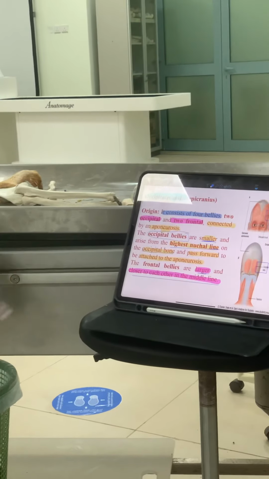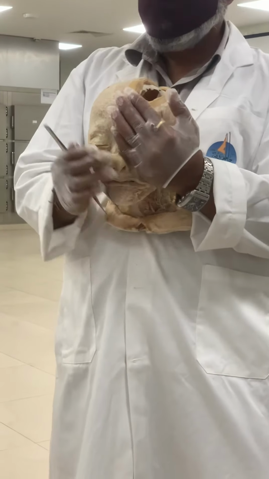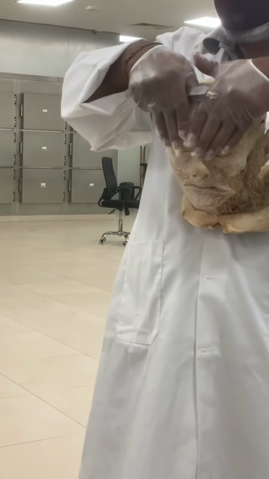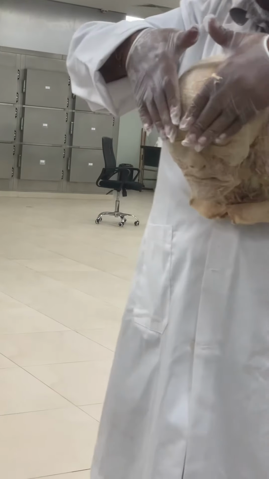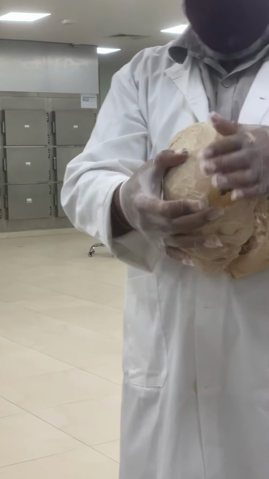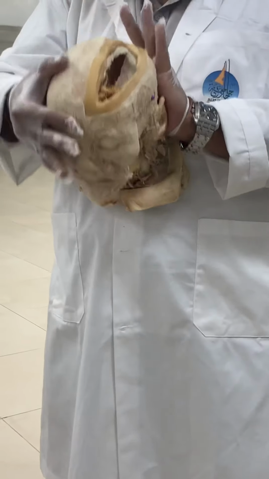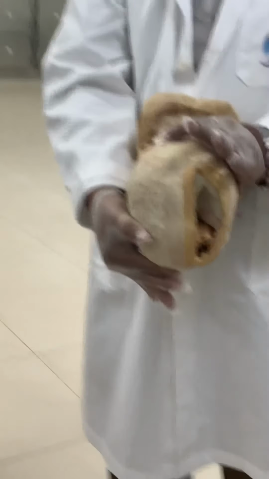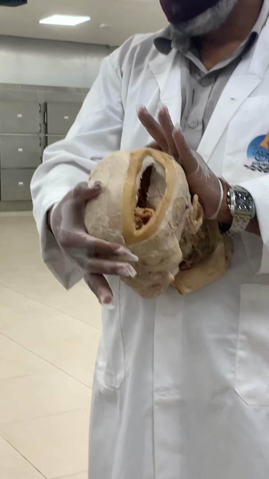Then what will go? Occipitofrontalis, this muscle. So there are two muscles like this. The muscle is only this much here. See how I am showing? Only this much. Here it is small, this is large. Which is small?